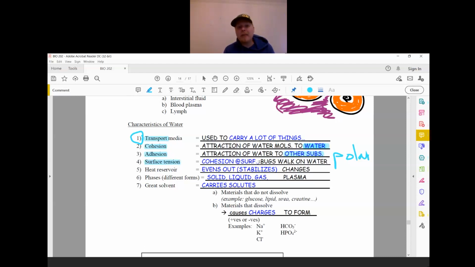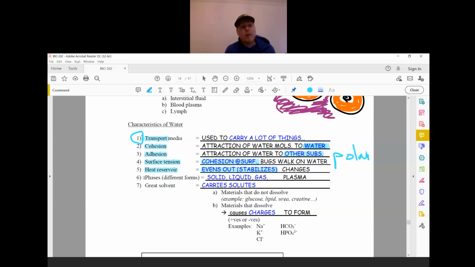So bugs can walk on the water because of this, for example. Water also works as a great temperature reservoir. It evens out the changes of hot days and cold nights at coastal areas. That's why the temperature changes are lesser at coastal areas, and coastal areas are in general more preferred to live on.